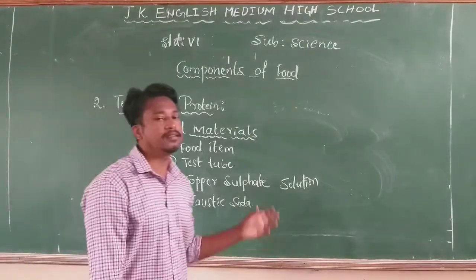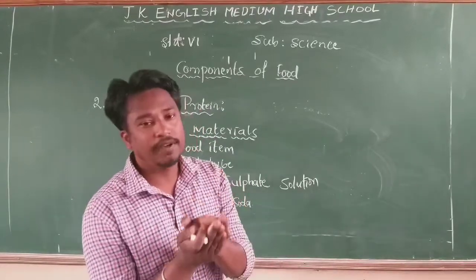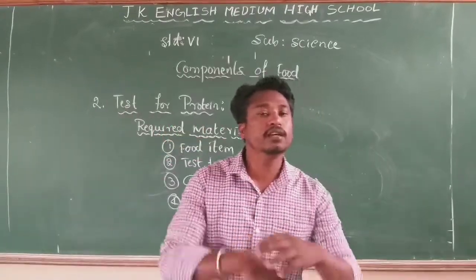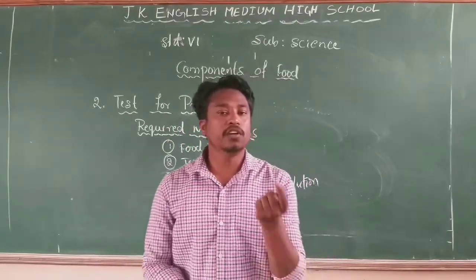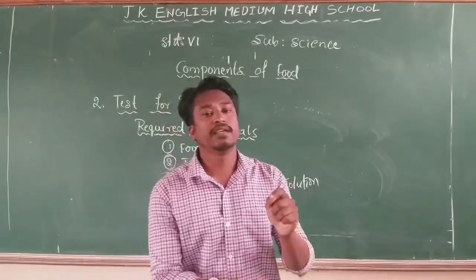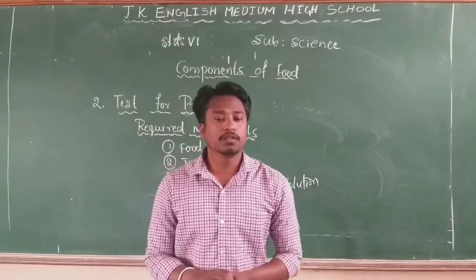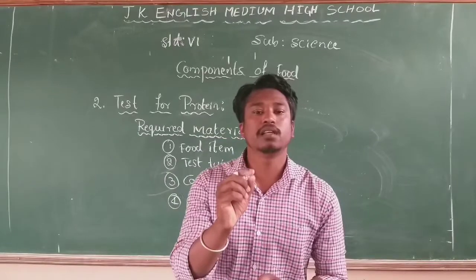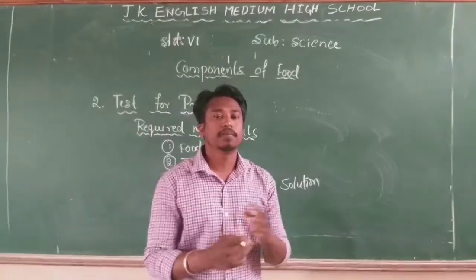How do we carry out this test now? Take the food item. If it is solid, make it powder, take a small amount and fill it in a clean test tube, and put a little bit of water in that test tube, shake it and mix it well.